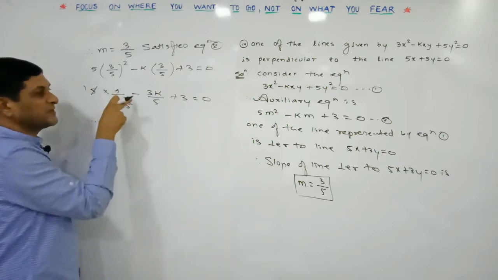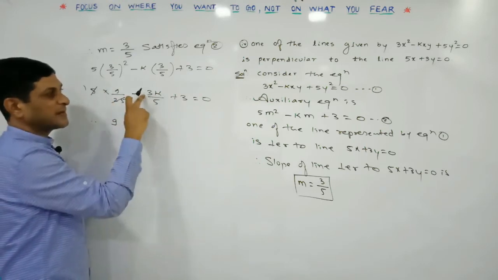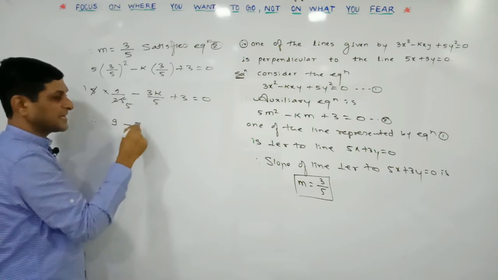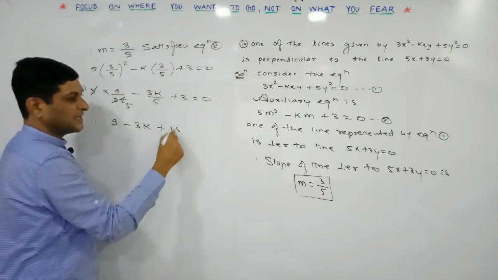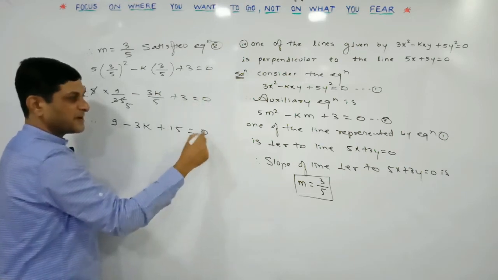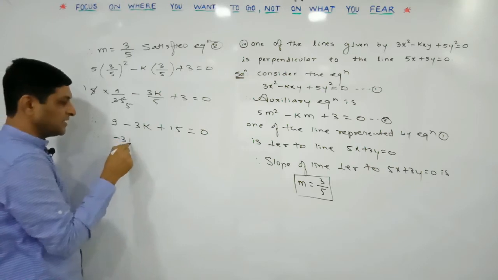If I multiply the first term by 5, the 5 will get cancelled, remaining term is 9. Minus, if I multiply the second term by 5, the 5 will get cancelled, remaining term is 3k. Multiply by 5, 3 fives are 15. And if we multiply the right hand side by 5, 0 into 5 will be equal to 0. So therefore minus 3k, keep it as it is.